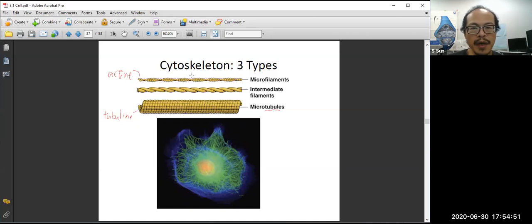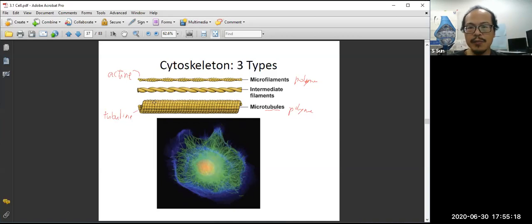So microfilaments and microtubules are composed of monomers. So this basically is a polymer, and so they can assemble and disassemble very dynamically. Intermediate filaments are more durable. They are more stable because they are made of collagen.